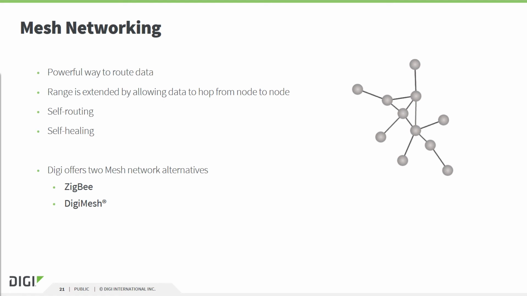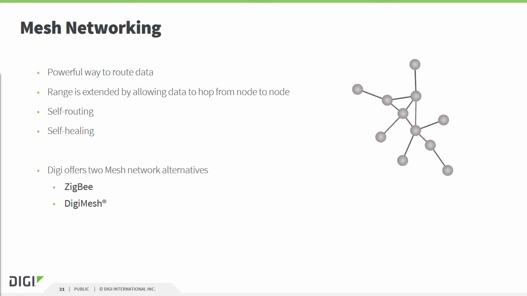Obviously, once you can reach a node which is not directly accessible by you, you can increase the range of coverage of your network. The network is going to take care of itself. It is going to update the routing tables, and it is also going to repair itself, because the network implements an algorithm in order to have the routes always available.